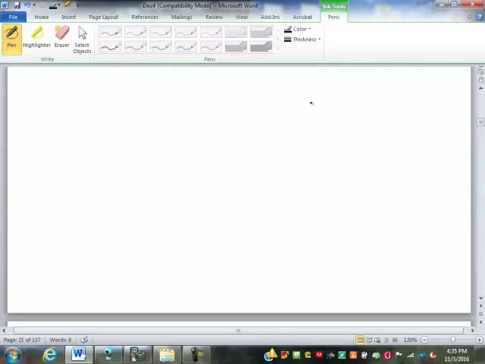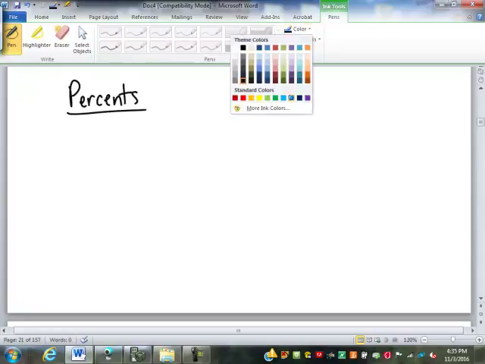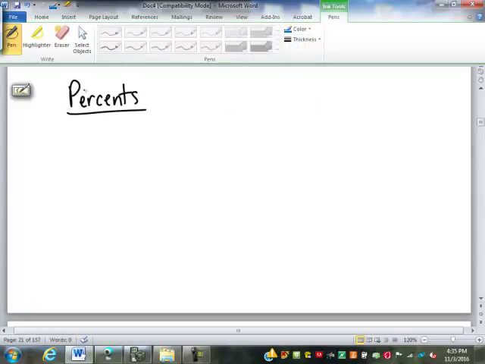Okay, so our next step, we're going to start looking at something I think is one of the most powerful tools in math. We've peeked at them a little bit before. Now we're going to look at them in detail. Percents. To understand percents and how they work, you first have to understand the word percent. It's actually two words.